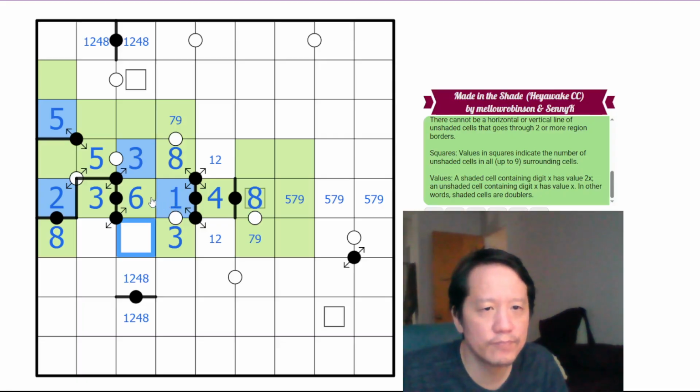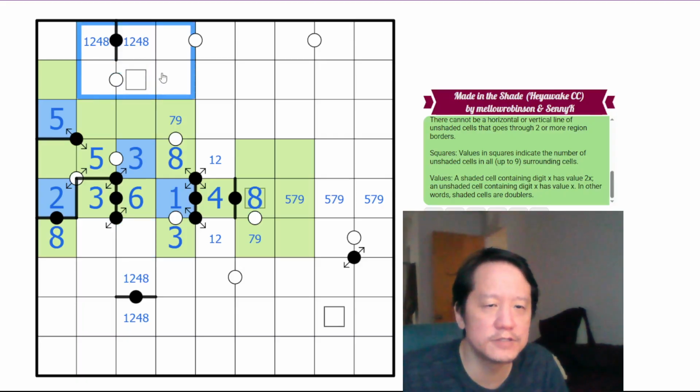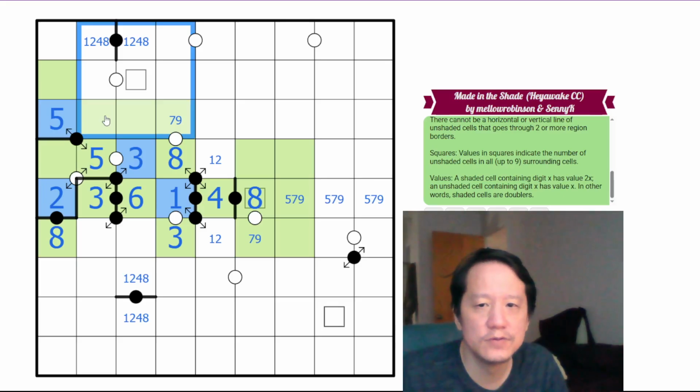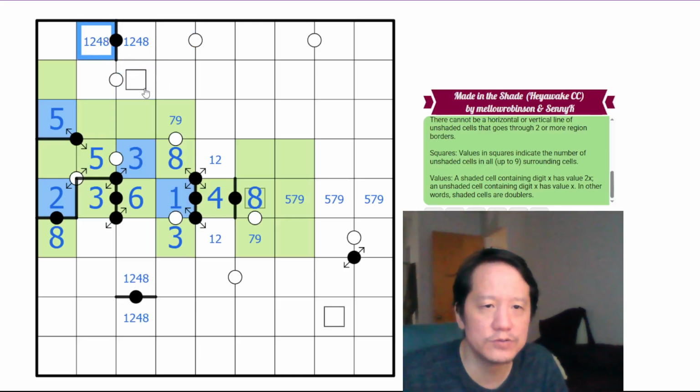Okay. This has 3 green cells. You can have at most, how many blues? I think it's 3. So this is at least 6.